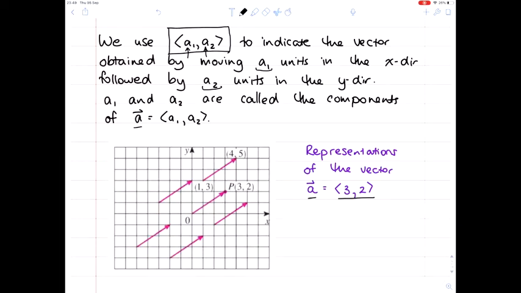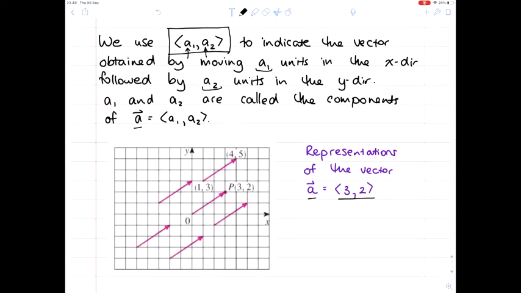So if we consider the little vector A given by 3, 2, there are many different representations, because remember, all this vector says is from wherever you're starting with, go 3 in the x and 2 in the y. So if you start from the origin, then if you move 3 points in the x and 2 points in the y, you get to the point 3, 2.